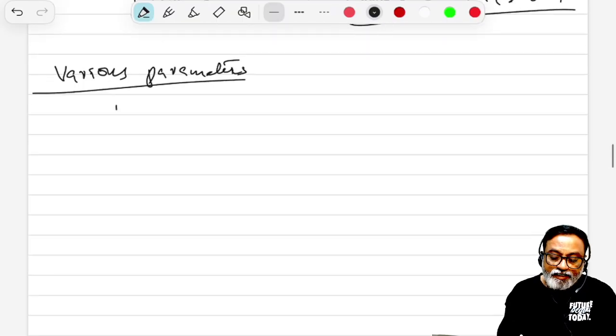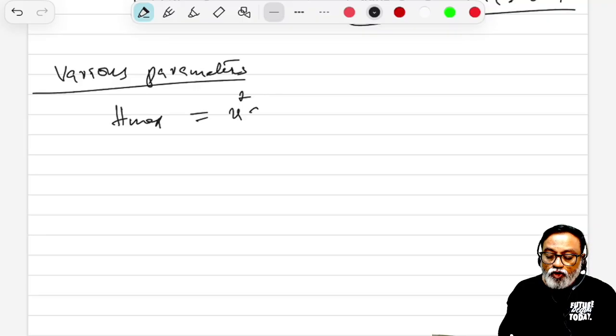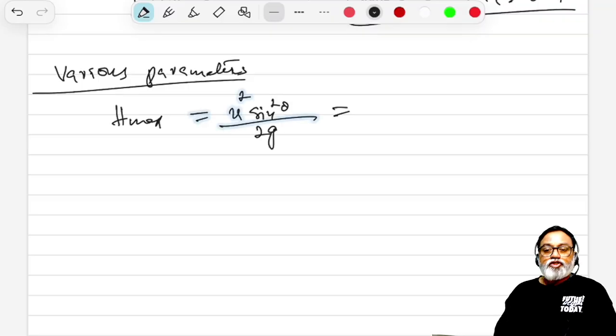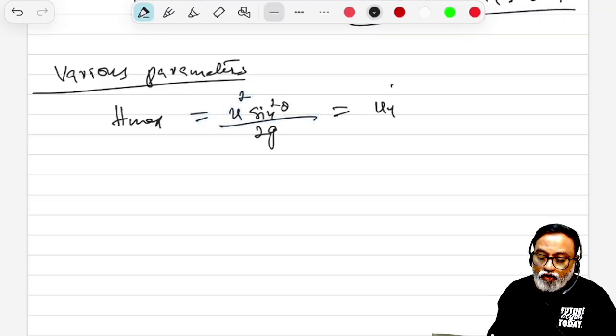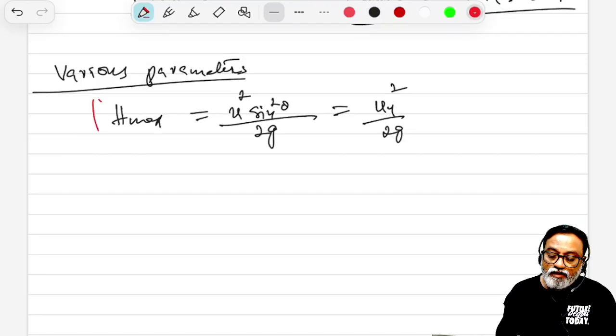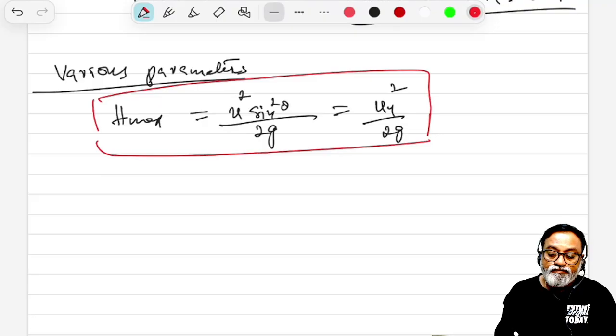First one is maximum height. H max is equal to u square sin square theta by 2g. This we can write down, u sin theta means uy, so uy square by 2g. This is the maximum height.